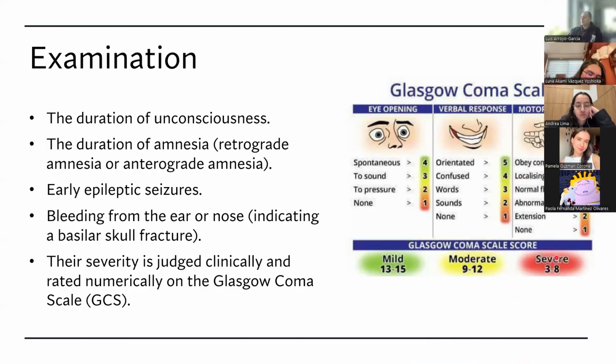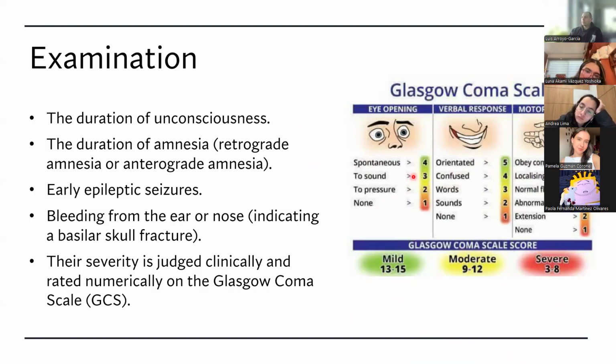In the worst case, you have only 8 points in all of these. Moderate is between 9 and 12, and mild is between 13 and 15, where all the others should have all the points.